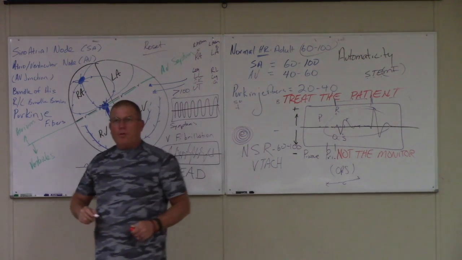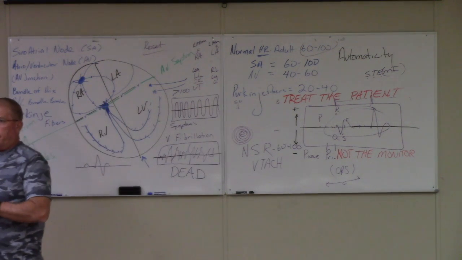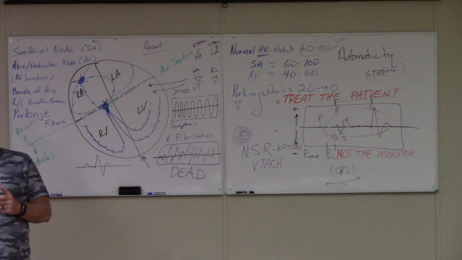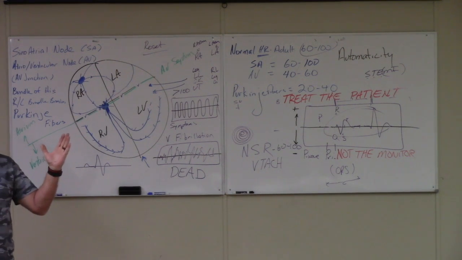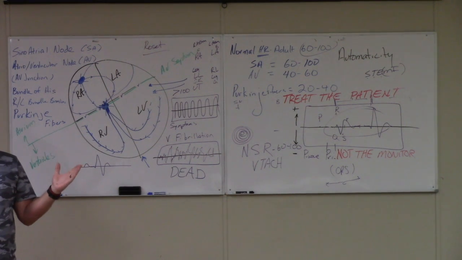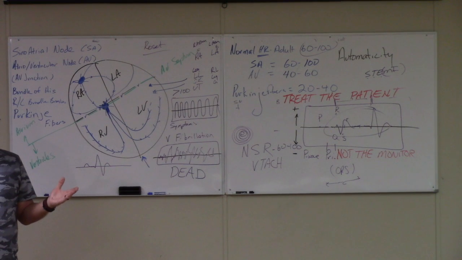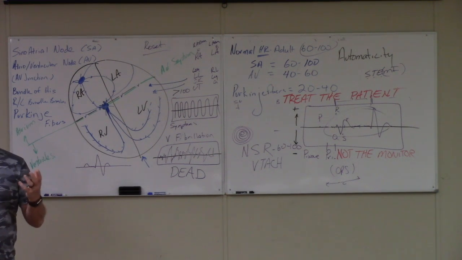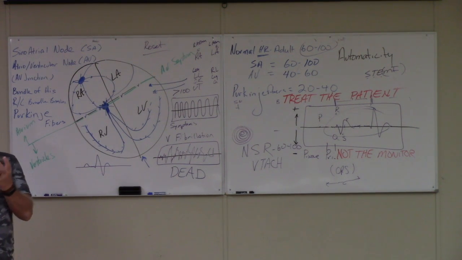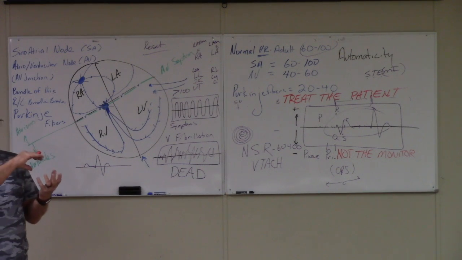I can see a normal rhythm on a monitor, P wave, Q wave, RST, perfect, a rate of 80, but my patient's dead. Because the heart muscle is both mechanical and electrical.